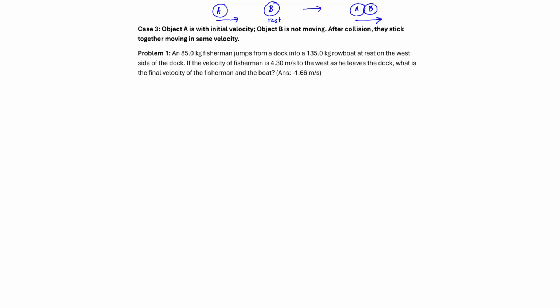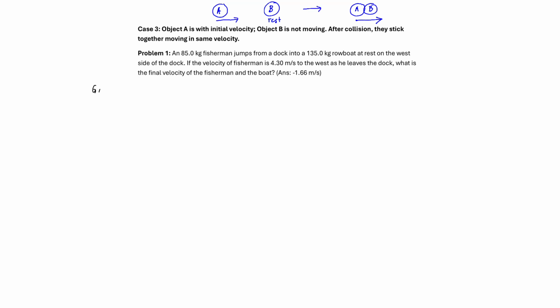Okay? And so, let's now look at problem number 1 of case 3. An 85 kilogram fisherman jumps from a dock into a 135 kilogram rowboat at rest on the west side of the dock. If the velocity of the fisherman is 0.30 meters per second to the west as he leaves the dock, what is the final velocity of the fisherman and the boat?